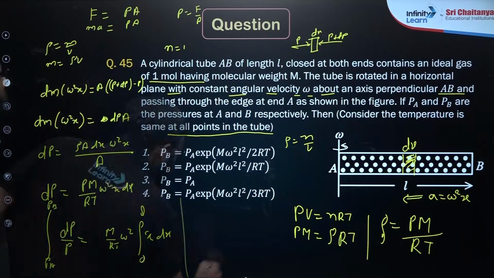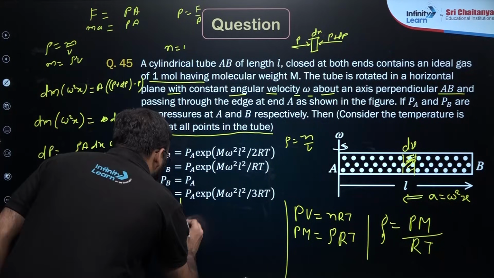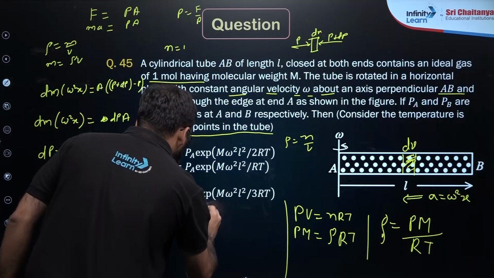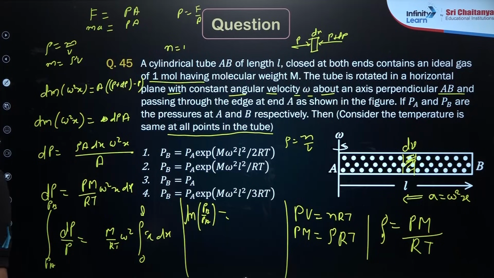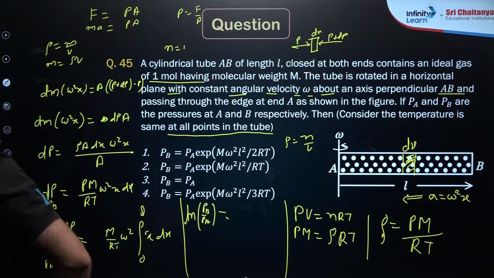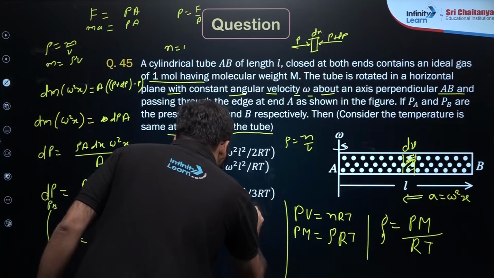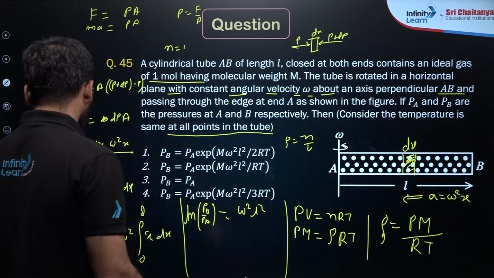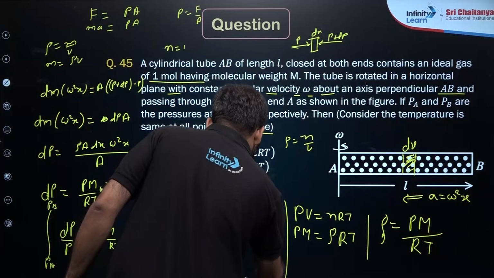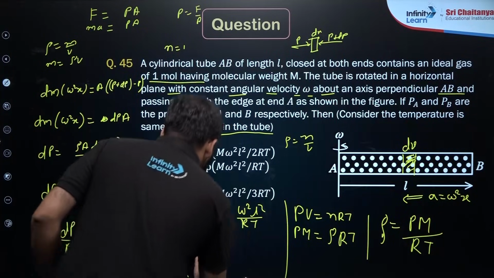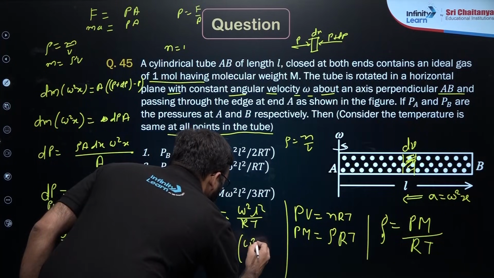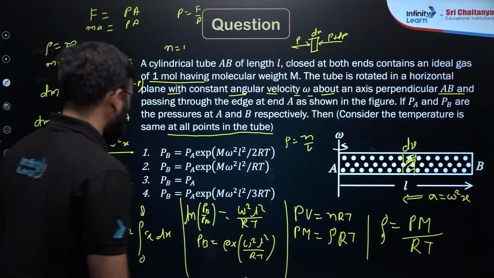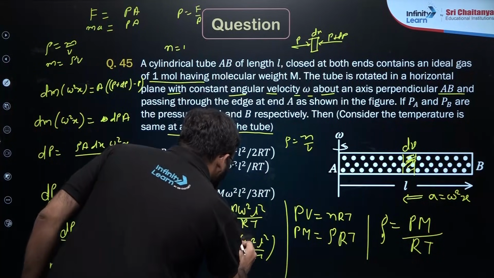This integration gives ln PB upon PA, and the integral of x is x square by 2 from 0 to L, so omega square L square M upon RT. If I remove the log, PB equals the exponential of this, omega square L square upon RT. Beta, there is M also, I forgot that one.